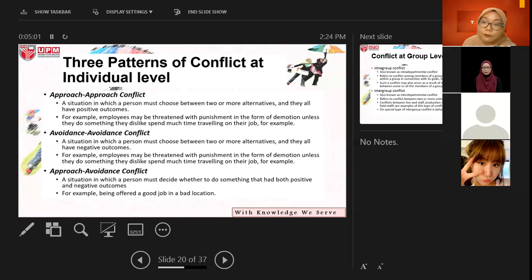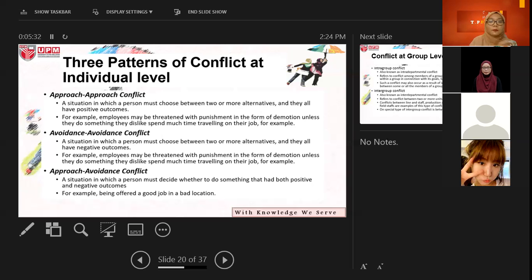The first one, you've been threatened with demotion unless you do something you didn't like. Both are disliked. Next, approach-avoidance conflict, a situation in which a person must decide whether to do something that has both positive and negative outcomes.